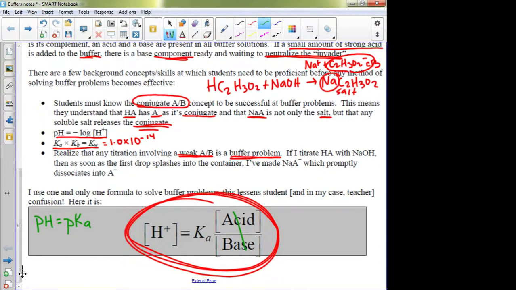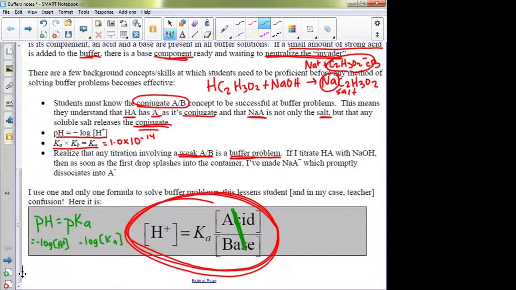Because pH is opposite the log of hydrogen, pKa would be opposite the log of Ka. So my concentration of hydrogen is equal to my Ka if my acid-base ratio is 1. Do we see that?